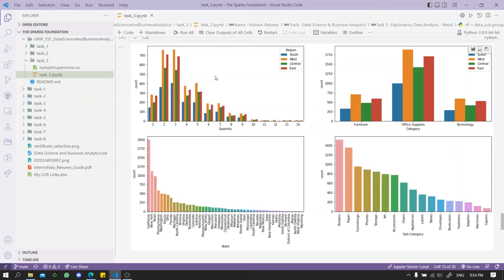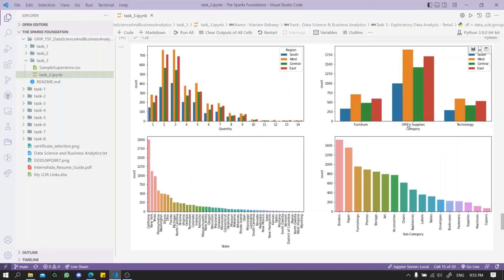And the quantities from, for example, 11 to 14 or also 10 have the lowest contribution in the number of sales in these regions, in all regions really. We can notice that, as we said in the count plot above, the West region has the highest sales of all time, and the South region has the lowest.